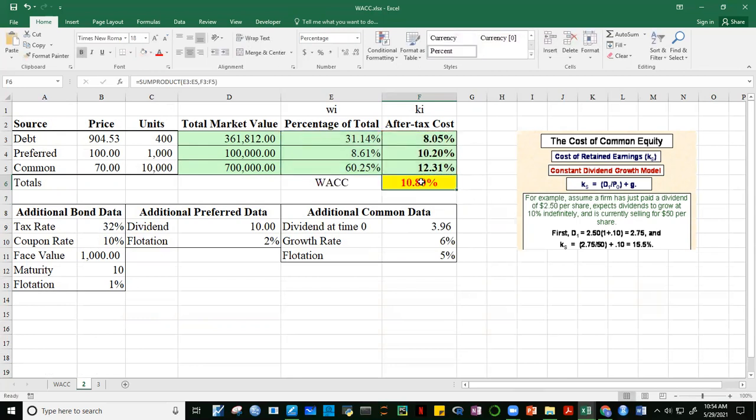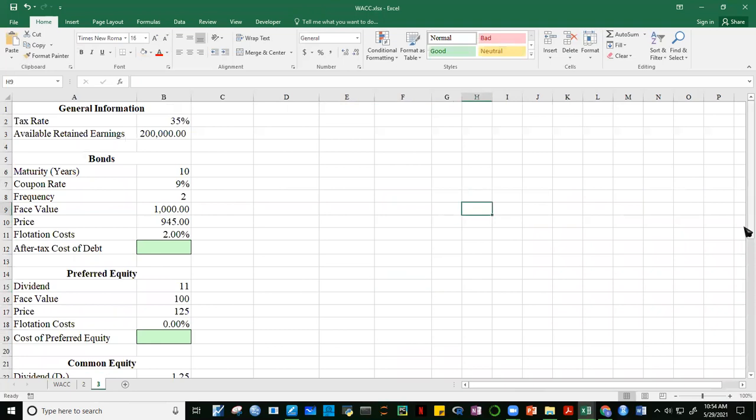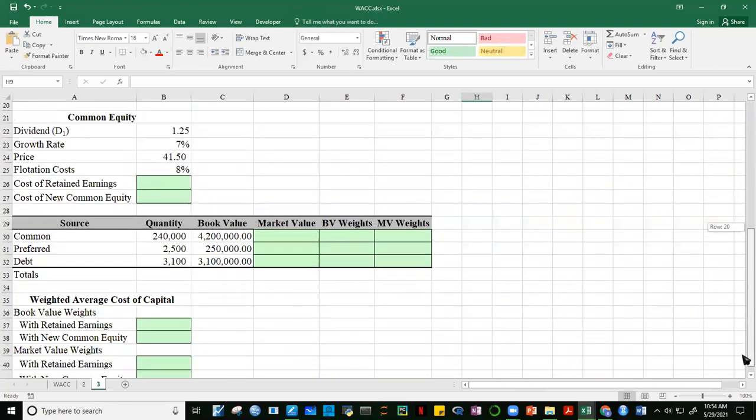So that will be 10.8%. Ito na ngayon yung gagamitin, guys, in evaluating yung capital budget projects. Notice, hindi ito lang ginagamit natin. Hindi lang yung 10.2, hindi yung 12.31, but a weighted average, weighted components of all of these three. Okay?